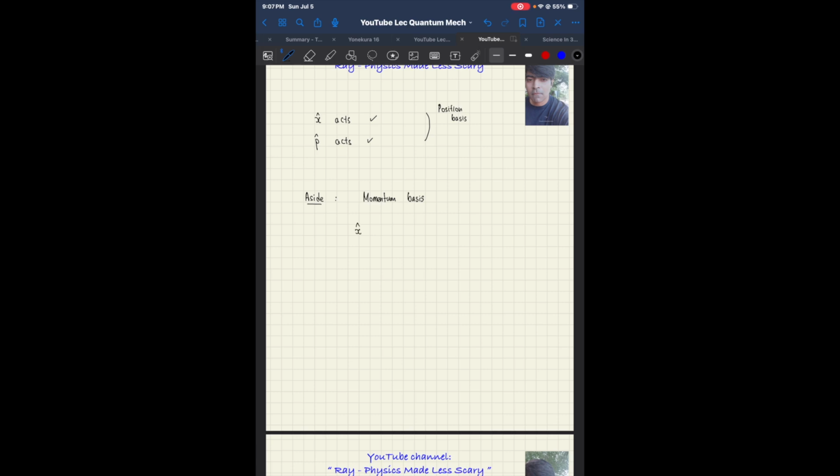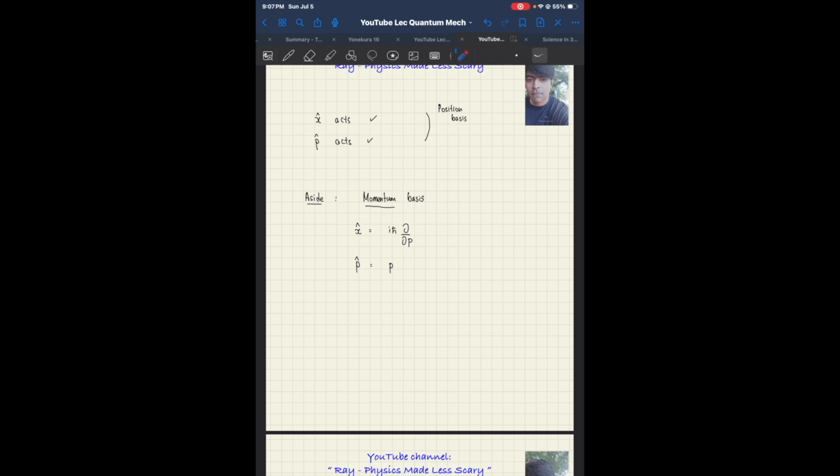There, your x acts as i h bar del/del p, and p acts as literally p, in the momentum basis. Note there is a crucial sign difference here.